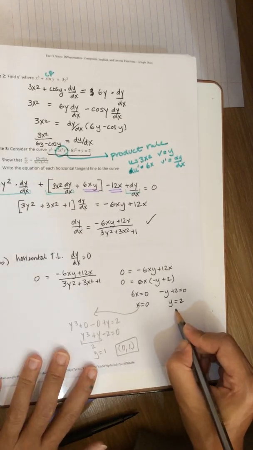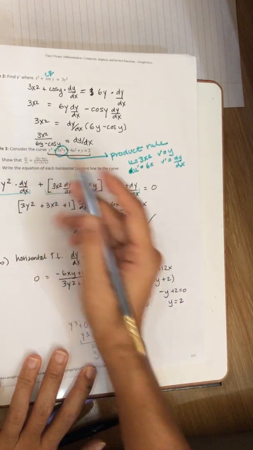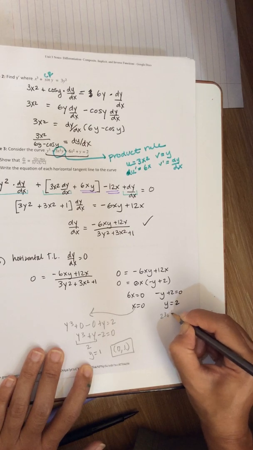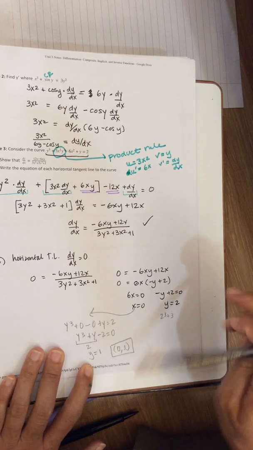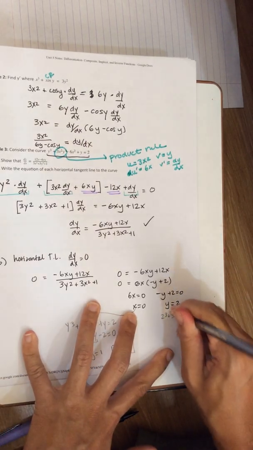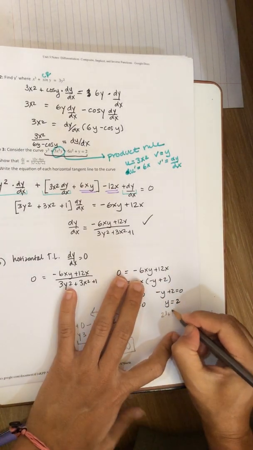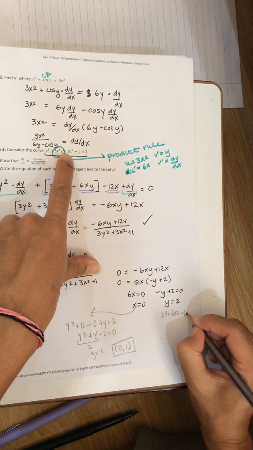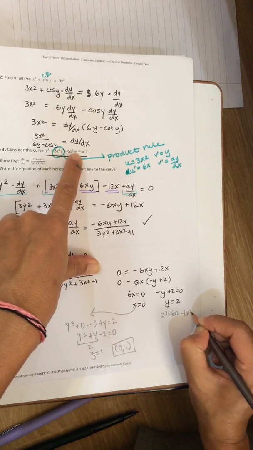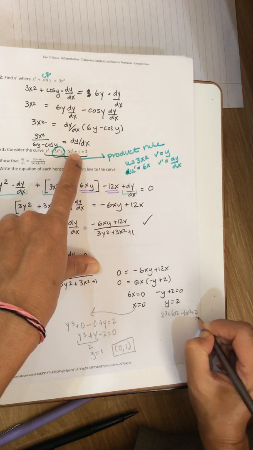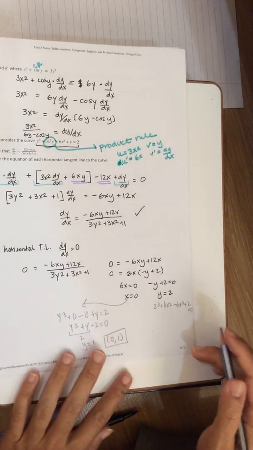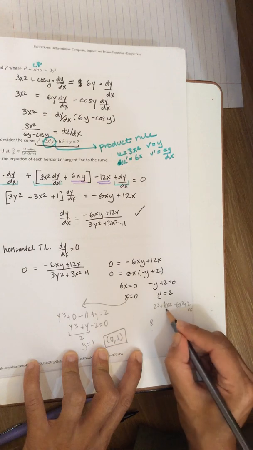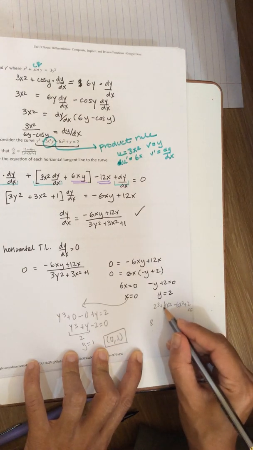Now let's check when y equals 2. I always want to go back and check. I'd have 2 cubed plus 3 times 2, which is 6, so 6x squared, minus 6x squared, plus 2 equals 0. 2 cubed comes out to be 8 plus 6x squared minus 6x squared, and that goes away.